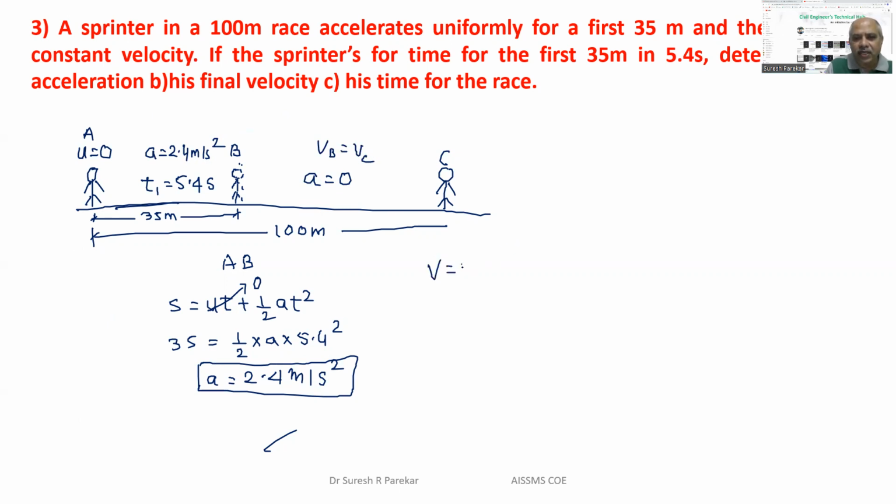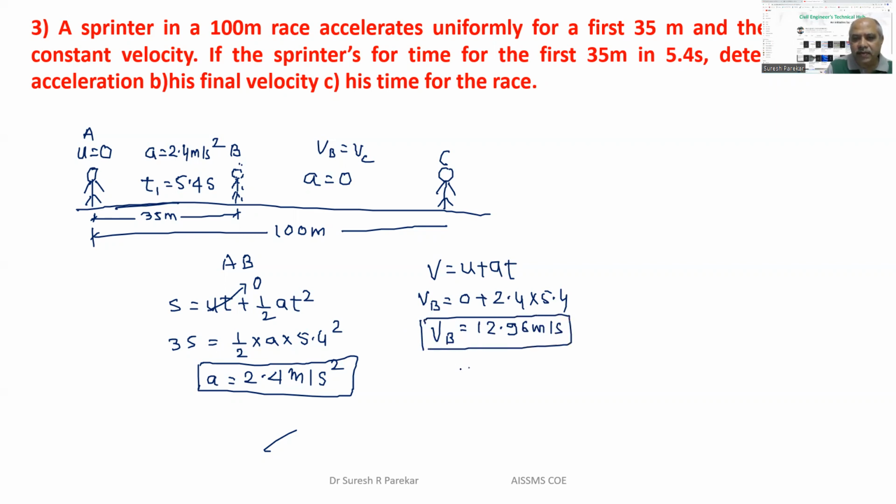So V equal to U plus AT. And now we have velocity at B, U is 0, A is 2.4 and then 5.4. So we have 2.4 into 5.4, 12.96 meter per second. This is final velocity.